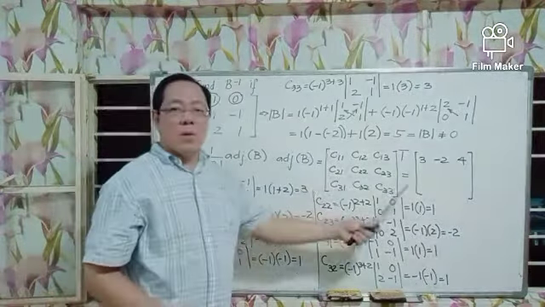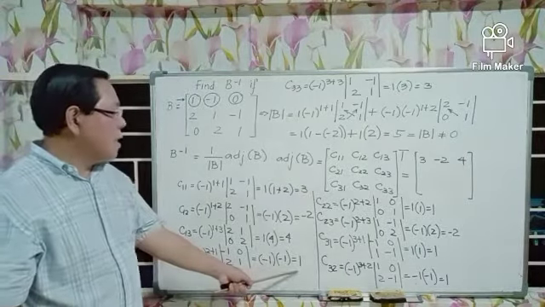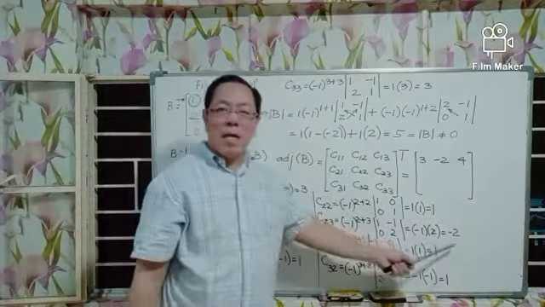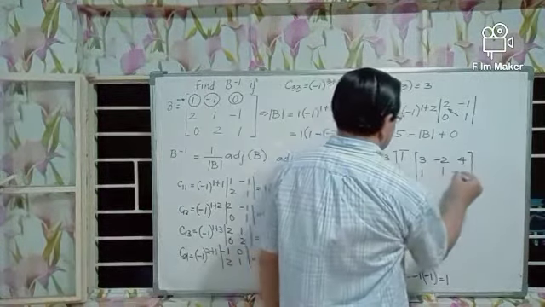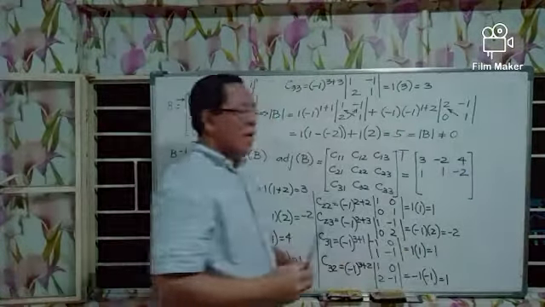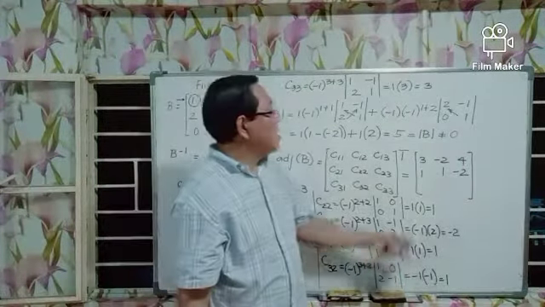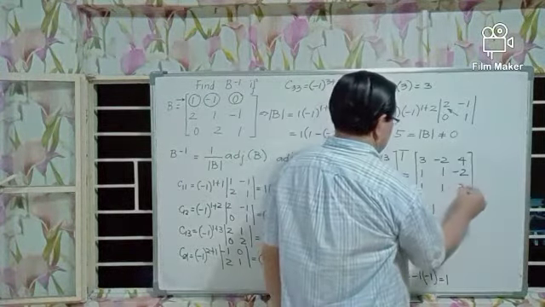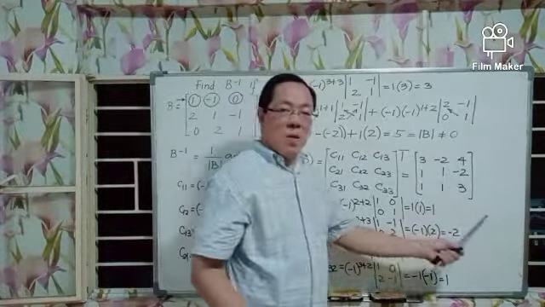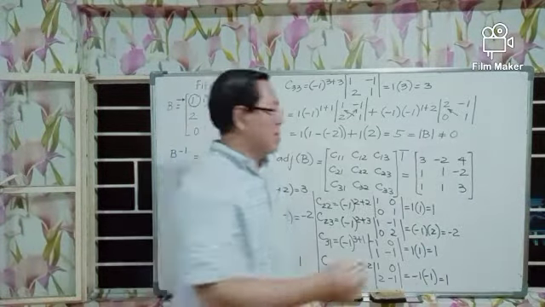Entries of the second row are 1, 1, negative 2. And the entries of the last row are 1, 1, and 3. And the transpose of this matrix is the adjoint of the given matrix B.